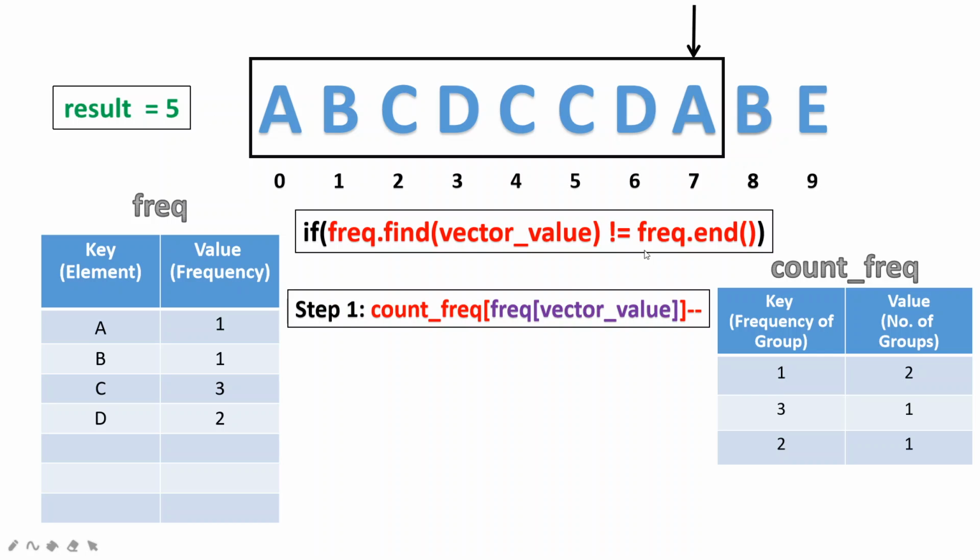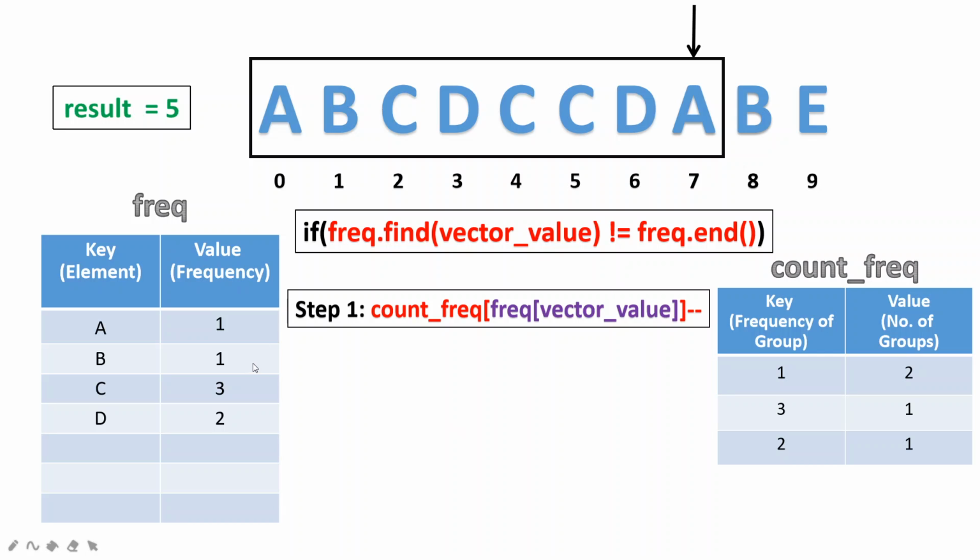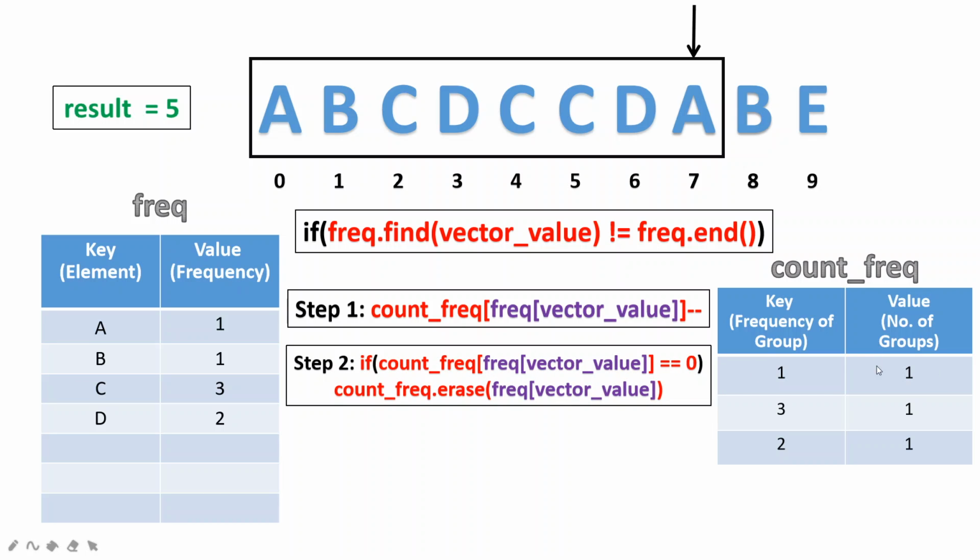Again, A is present, and we look at the first step, that is decrement the corresponding value. So decrementing A points to 1, 1 points to 2, decrement 2. This becomes 1. Step 2 is basically checking if the decremented value is 0. No, it's not.